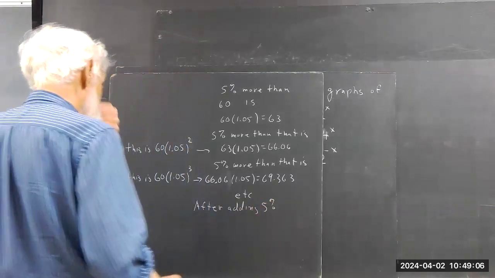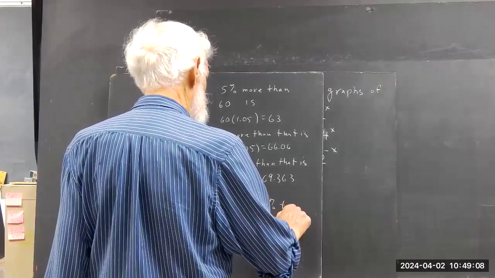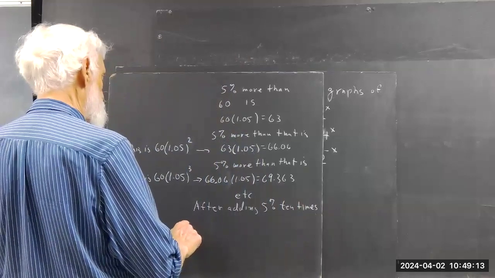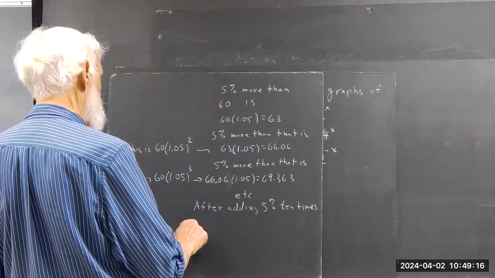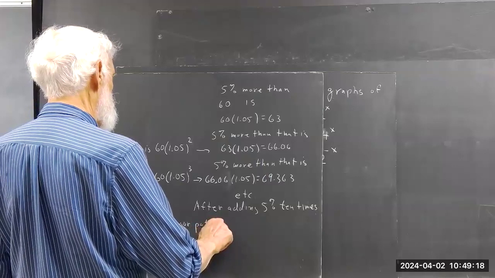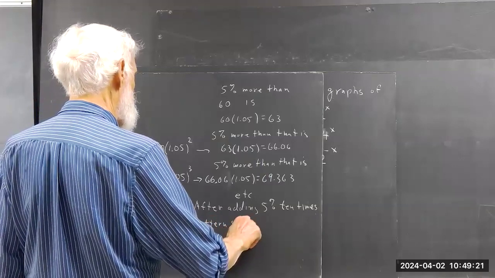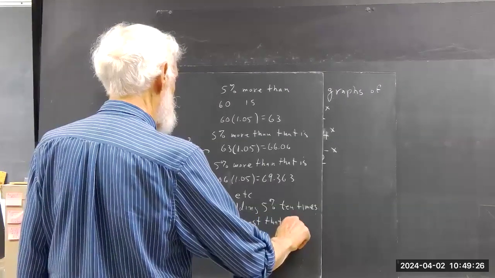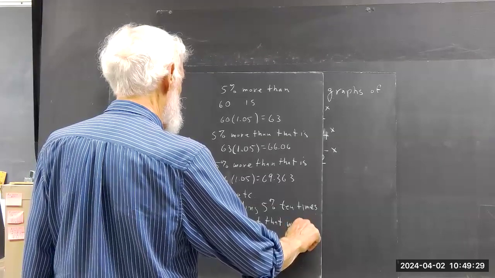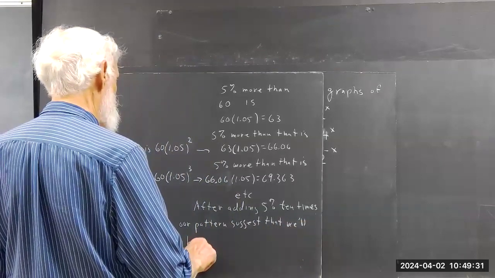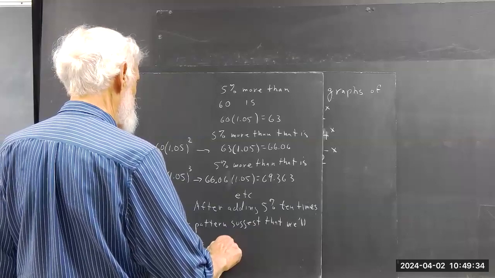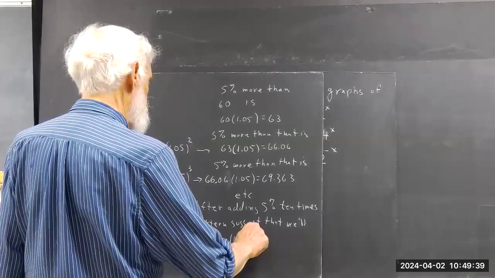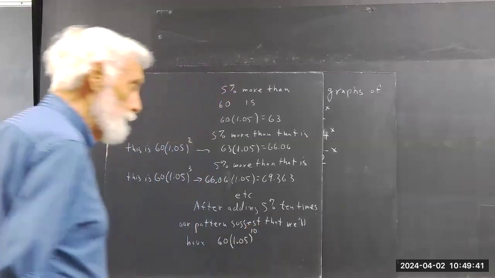After adding 5% 10 times, our pattern here suggests we'll have 60 multiplied by 1.05 to the 10th power.